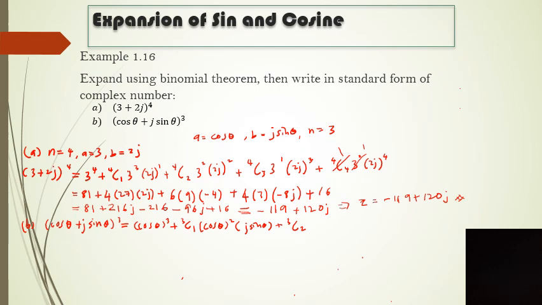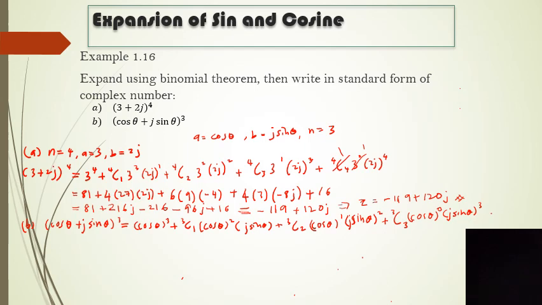right, a is cos theta to the power 1, and then j sin theta squared, plus 3C3 cos theta to the power 0 times (j sin theta)^3.